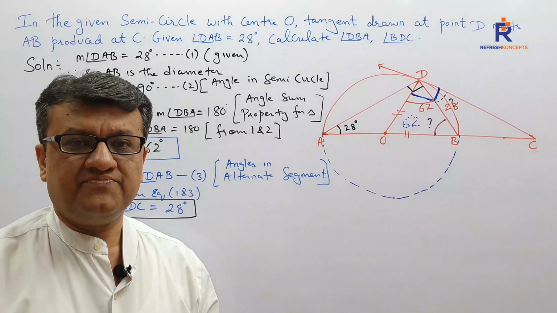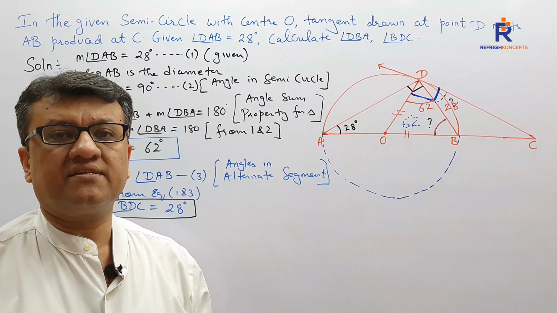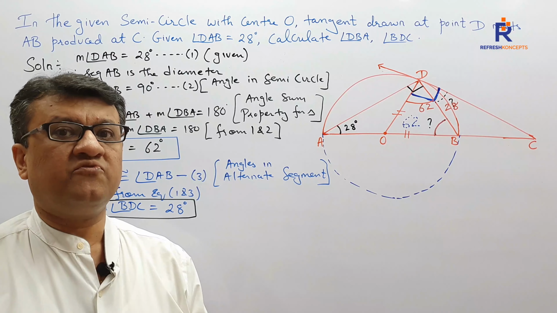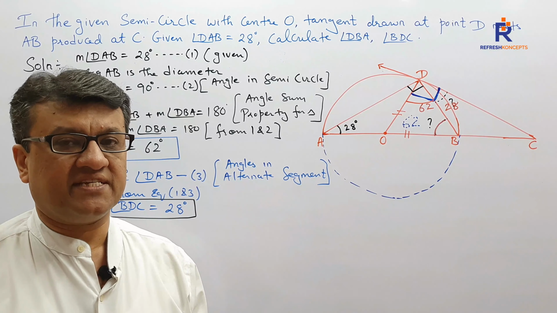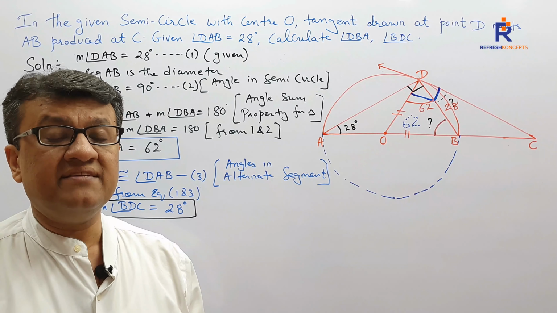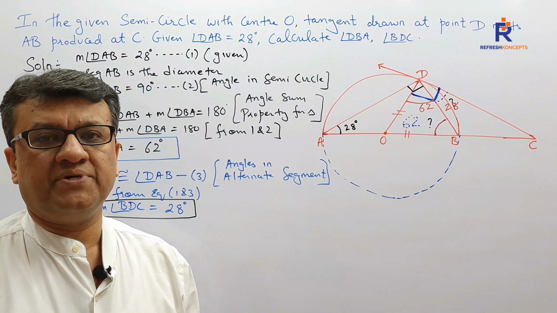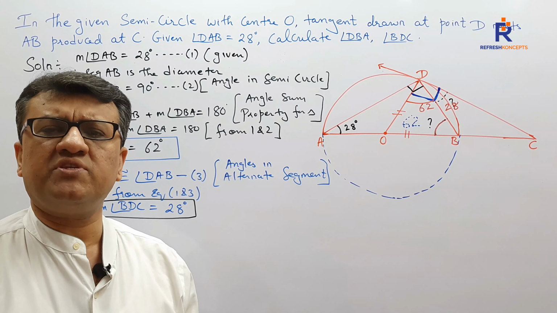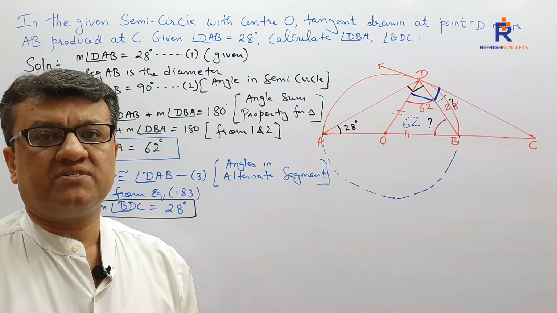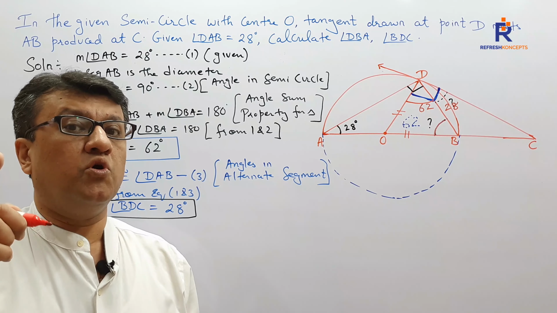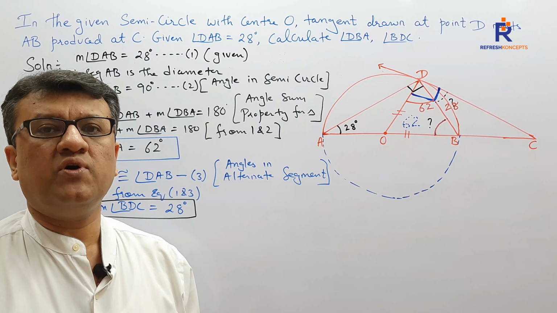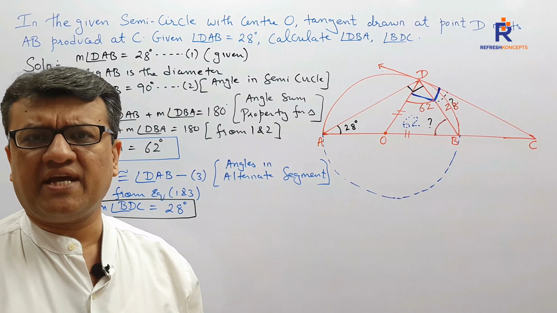Children, I would like to say one thing. In sums on circles and tangents and intersecting chords, there will be multiple answers to a particular question. And what type of questions, sir? Where we need to find out certain angles. Children, the more you apply the concept, the more answers you have.